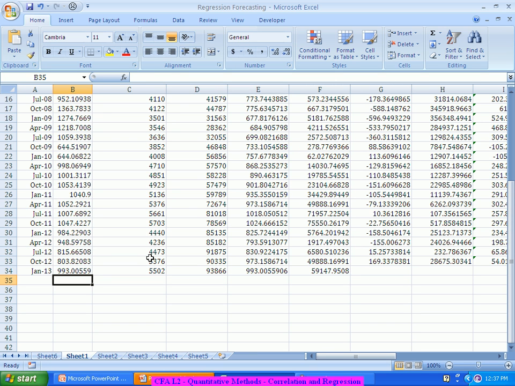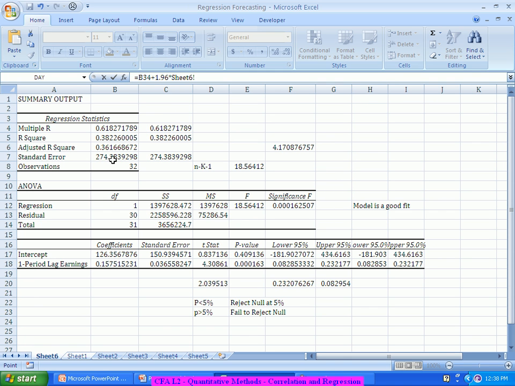But there is a standard error associated with the predicted value. What is the standard error? We got it as 274. So if I have to build a 95% confidence interval around it, all we are saying is whatever is my predicted value plus or minus 1.96 times the standard error. If the standard error is very, very high, we see that our limits are much, much wider.